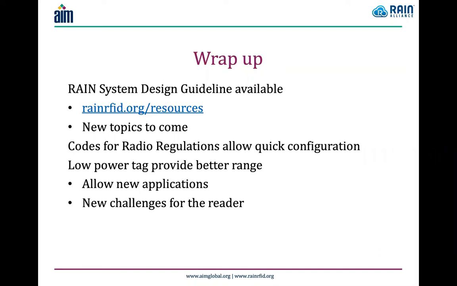So when selecting your combination of tag and readers, please make sure to go beyond the data sheet, beyond the numbers that are available, to run through a few applications, test your tags on different parameters, as well as test your readers on the different parameters that were explained earlier in this webinar. Thank you.